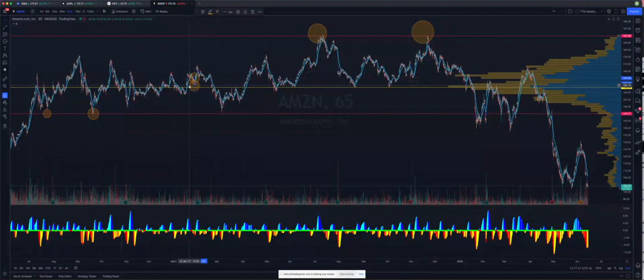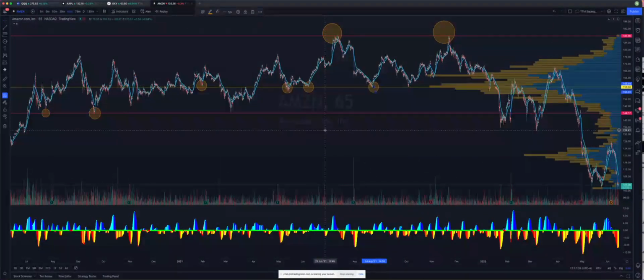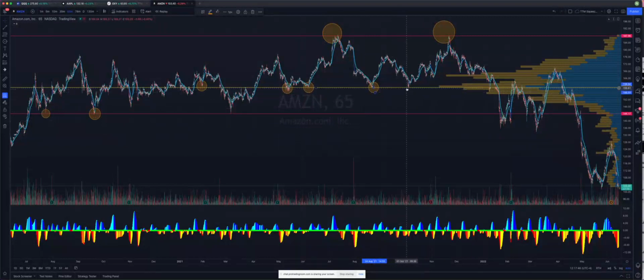And now it's just support, right? Support. And I didn't draw that line again based on what I saw on the chart in terms of where the price action was being played. I just drew it based on the bottom portion of this line that was drawn on the chart for me by the volume profile indicator.